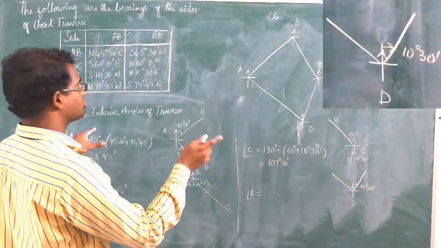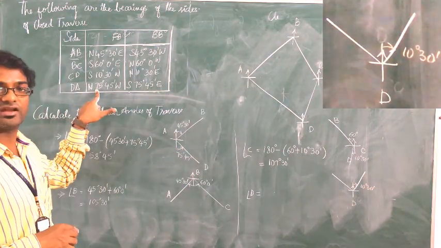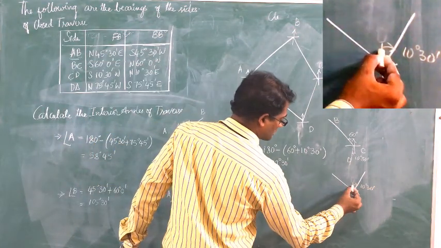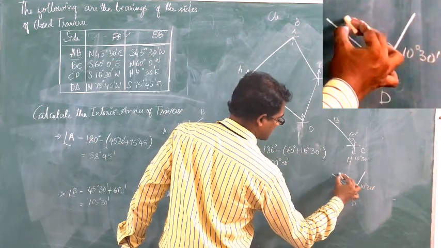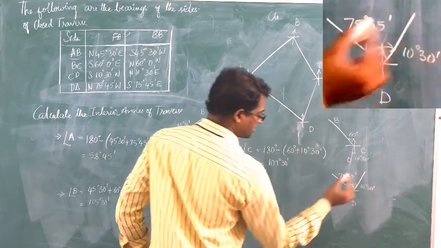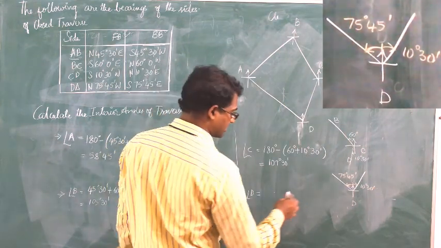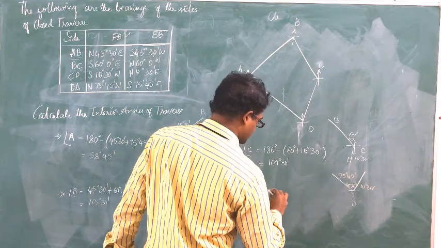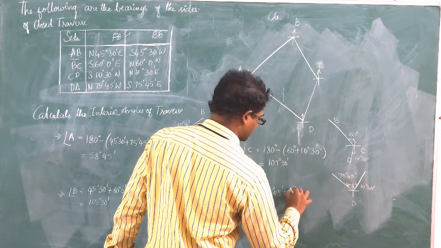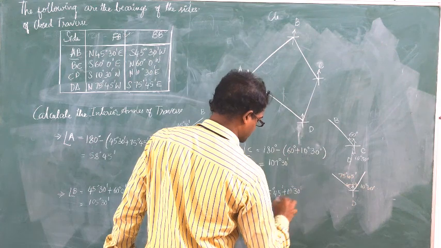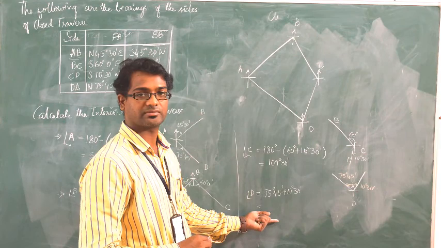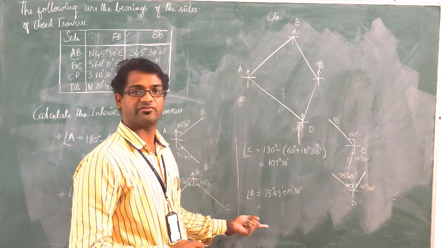Now from D to A is given as 75 degrees 45 minutes west. So this angle is given to you as 75 degrees 45 minutes west. So from this diagram, angle D can be calculated as the sum of these two angles. So 75 degrees 45 minutes plus 10 degrees 30 minutes equals, if you calculate this value, 86 degrees 15 minutes.